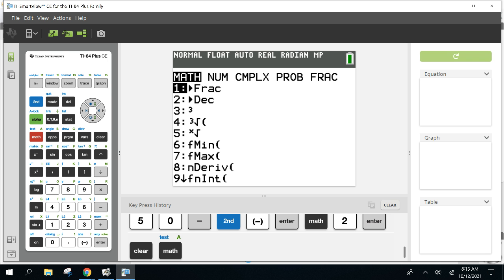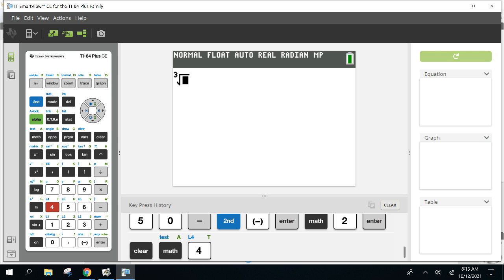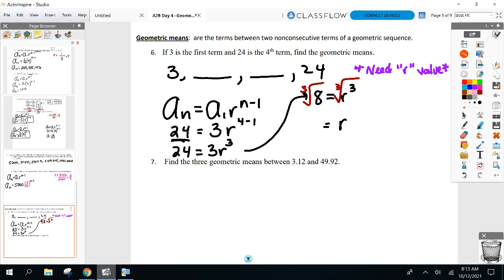Everyone see cube root, number 4 for me anyway? That's where it is. And we're taking the cube root of 8. What times itself 3 times will give you 8? 2. There's your R value. So now I take that R value and multiply. So next term is going to be 6 and 12.